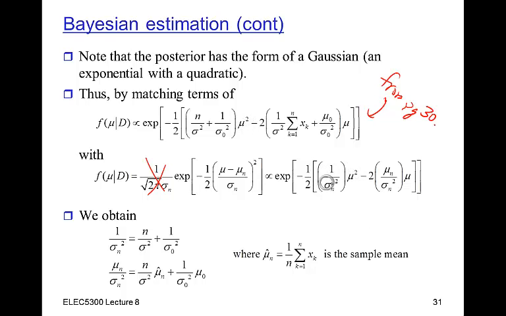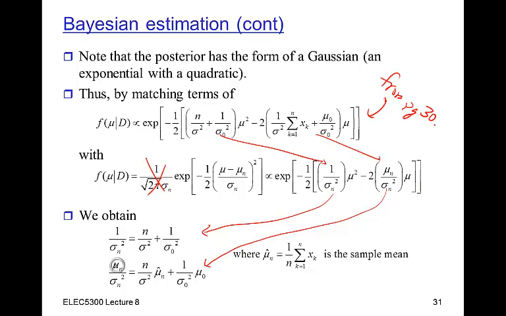So I get 1 over sigma n squared is equal to whatever was here, n divided by sigma squared plus 1 over sigma 0 squared. And I have to match the coefficients of the mu as well, so this one has to match with that one, and that gives me this equation: mu n divided by sigma n squared is equal to this thing here.